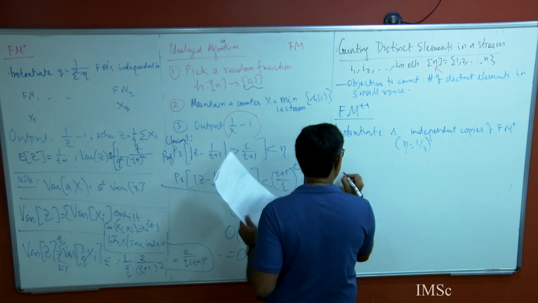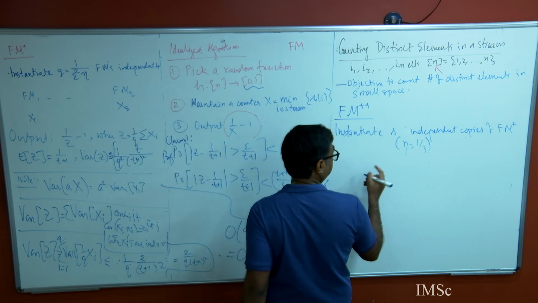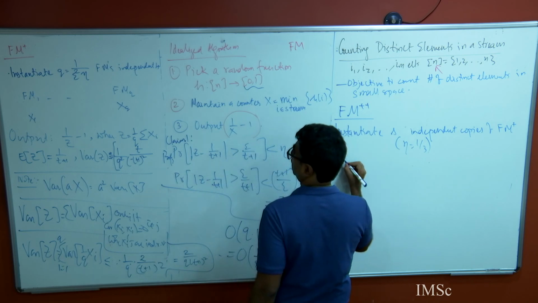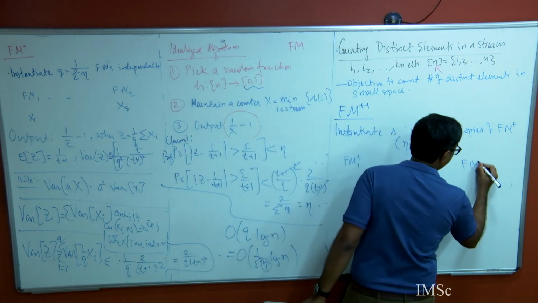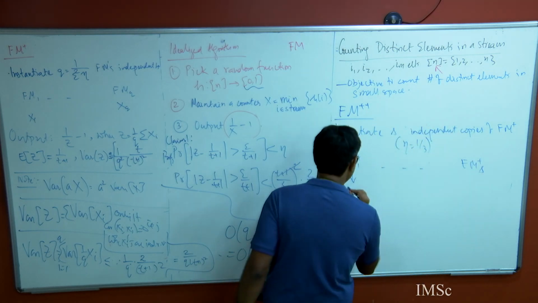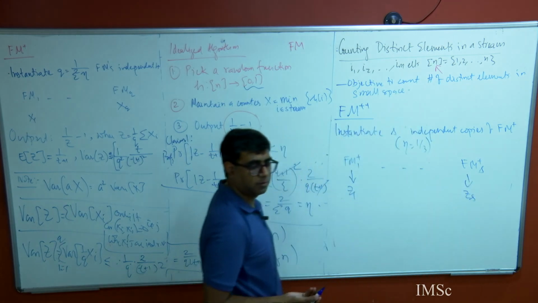Now what am I going to output? Suppose the S copies Fm plus 1 through Fm plus S returned Z1 through Zs.